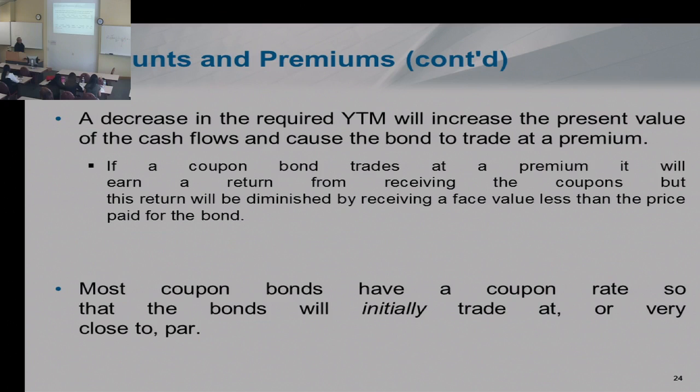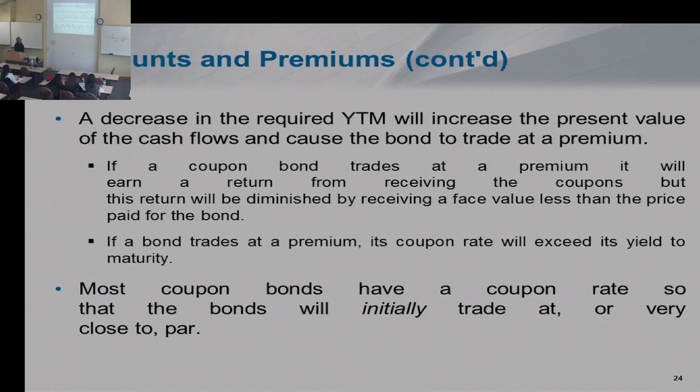If you buy a bond for a premium, you're paying $1,080, which means you're going to lose $80 because the future value is only $1,000. On the other hand, you're going to get bigger coupon payments. So if the bond trades at a premium, coupon exceeds yield to maturity.